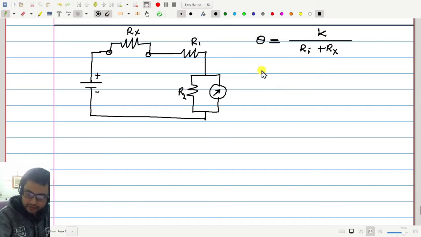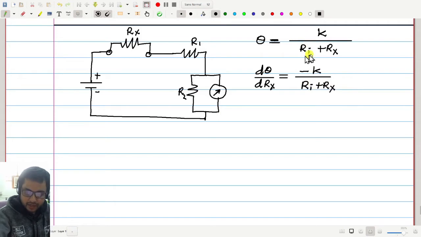Now I can do this derivative d theta by dRx, that will be minus k over Ri plus Rx. By the way, what is Ri? Ri is the total internal resistance of the meter.